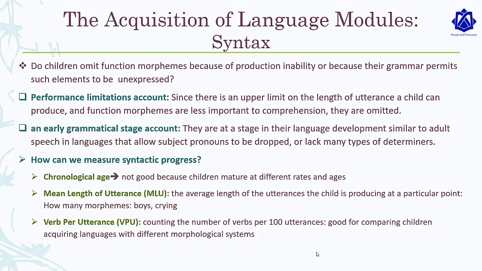So two accounts are there. One is the performance limitations account, and they say that since there is an upper limit to what they can produce, children would omit those morphemes that are not that important to comprehension, and they would leave the content words that they deem important for comprehension.